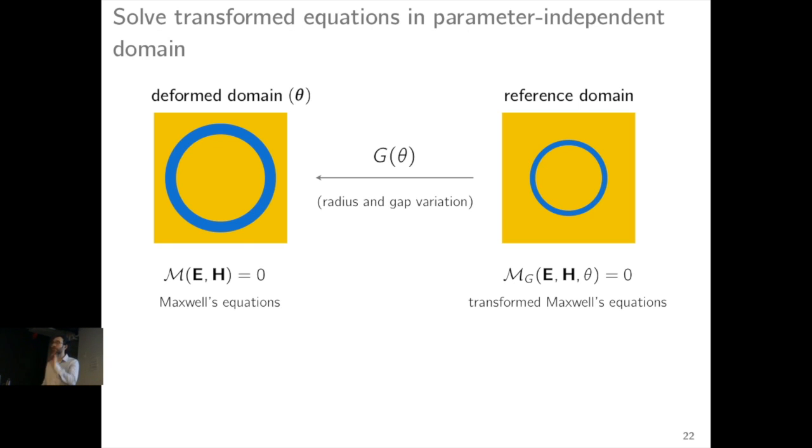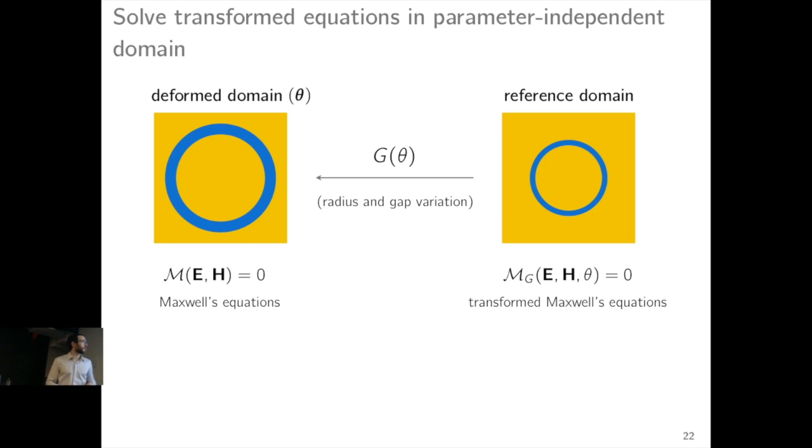So for each new value of theta, we'll just recompute our equations and solve on the fixed domain. It turns out that these transformed Maxwell's equations, that I'm not going to go into too much detail, everything is in the thesis, most likely are not affine in the parameter theta because they involve complicated interactions between the Jacobians of this deformation map.